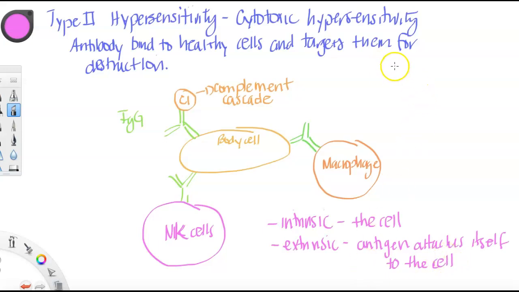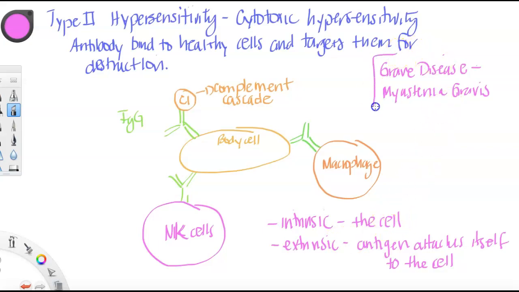So examples of this are things like Graves' disease. All right, so Graves' disease, that's thyroid. The thyroid hormone receptors are messed up. Myasthenia gravis, that's where the acetylcholine receptors at the neuromuscular junction are being attacked.